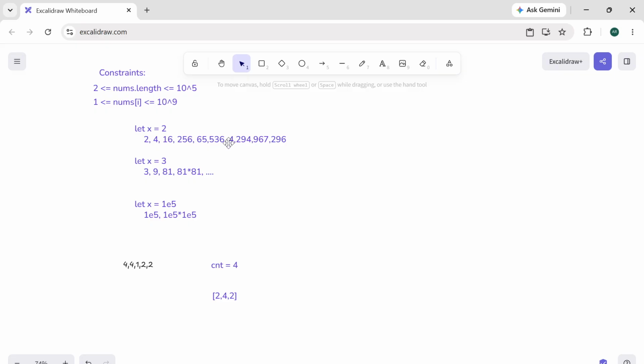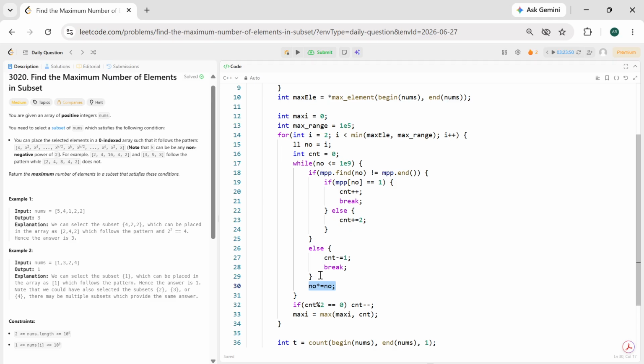And once you end up with this, it means it is greater than 1e9, and essentially you should execute this loop, right? Why? Because it was always incremented by 2.